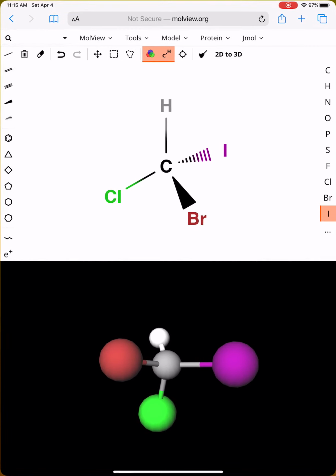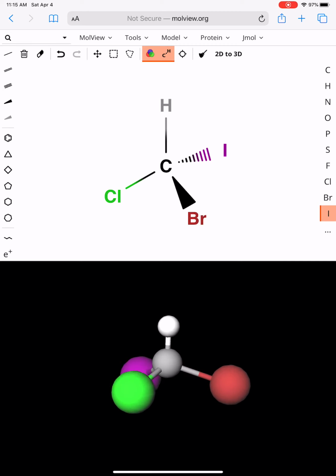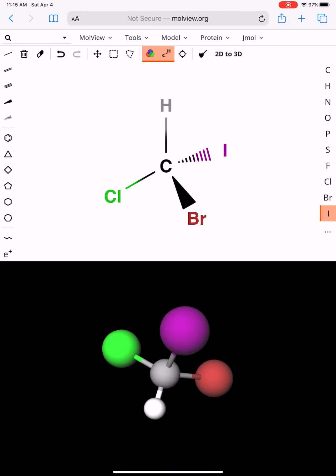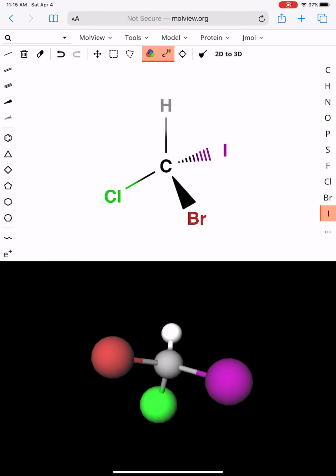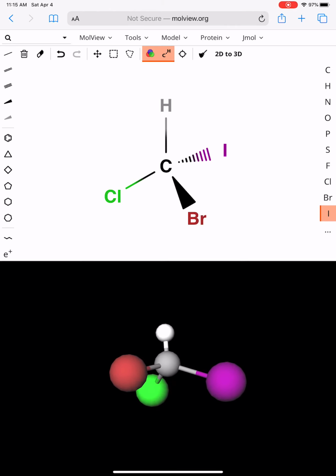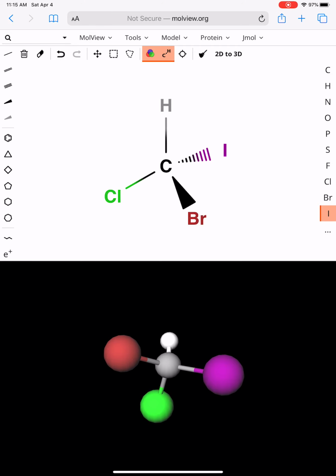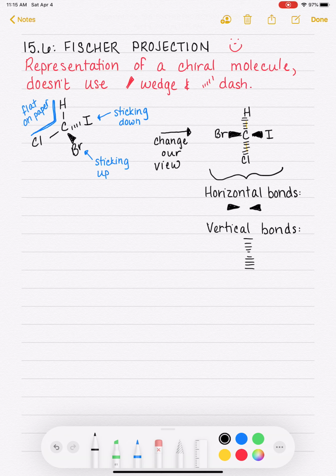So again, when we're getting ready to draw a molecule in its Fischer projection, we are going to twist it around or change our perspective of that molecule until we have it lined up just right, so that the horizontal bonds are sticking up at us and the vertical bonds are sticking down away from us.